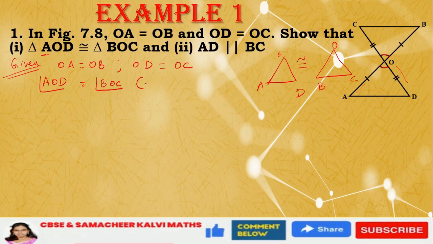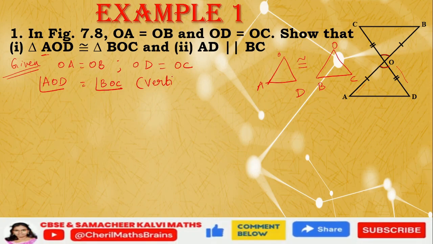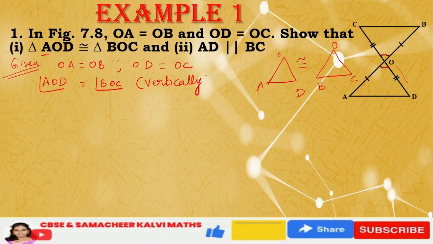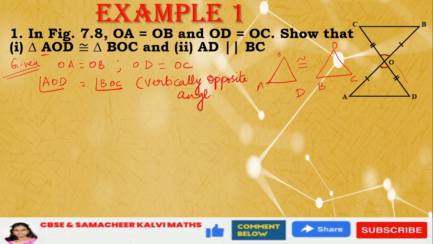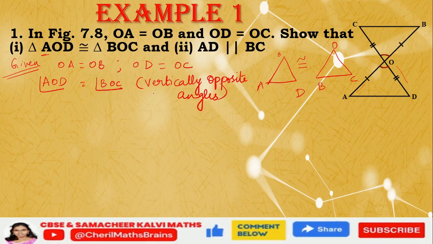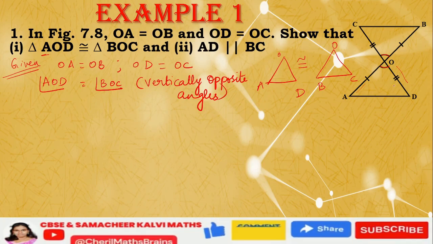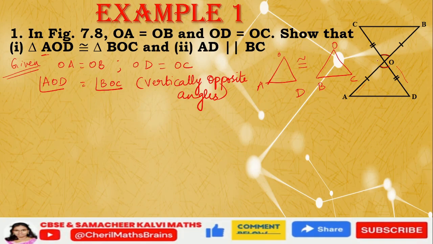Why? They are a pair of vertically opposite angles. Is it clear children? So these two angles are going to be equal.